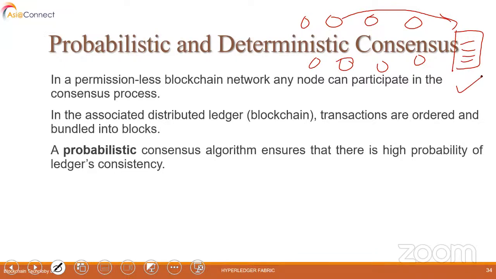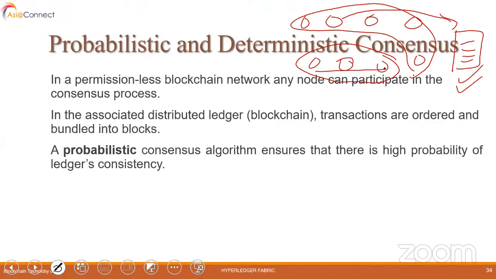But maybe these three nodes remain idle. So you have only 4 nodes which will be giving consensus, validating that, okay, this block is good, this block can be written. So probably these 3 nodes are remaining idle, and therefore it may happen that you are getting consensus with a certain degree of probability.